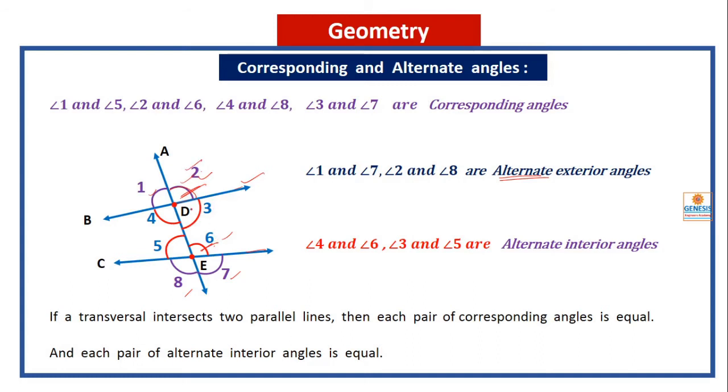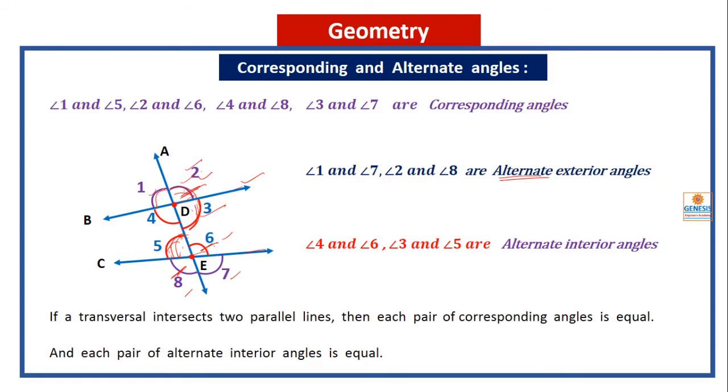If I take this 2 and move to the left, you have to take the other line, that is 2 and 5. So 2 and 5 are called alternate angles. 3 and 5 are also called alternate angles; this is the right side, this is the left side. 2 and 8 are called alternate angles.